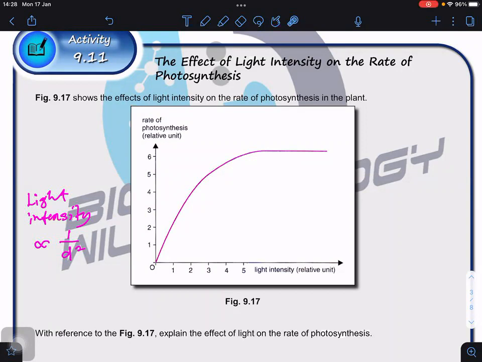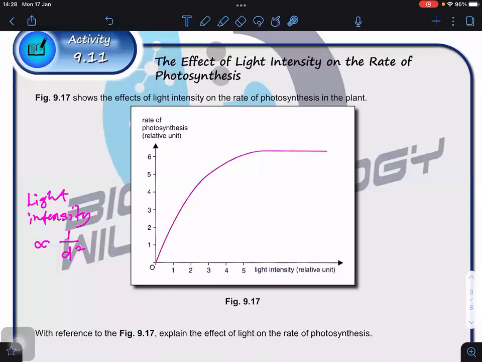So generally, if the question doesn't say anything, you can define your own way in terms of the rate of photosynthesis. But generally, we will use the amount of product, because in photosynthesis, CO2 is consumed by the plant and O2 is a byproduct.